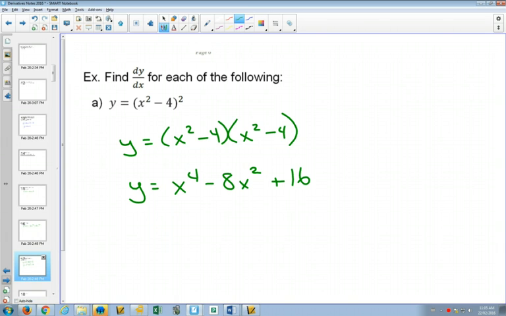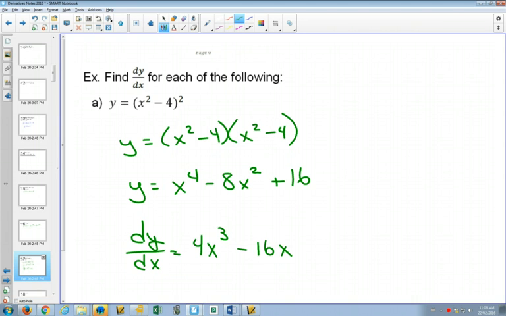Can you see that now we've changed this to adding a bunch of powers, and we can do the derivative of each one separately? So the derivative of x to the 4 will be 4x cubed minus 8x squared. The 2 comes out in front. Subtract 1 from the exponent. And the derivative of 16 will be 0.